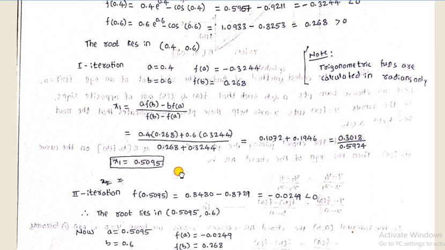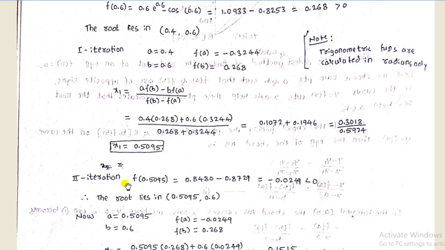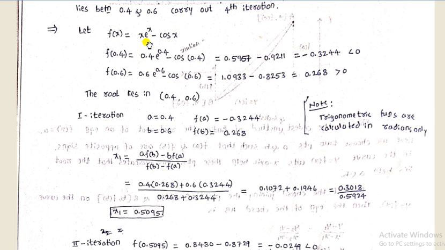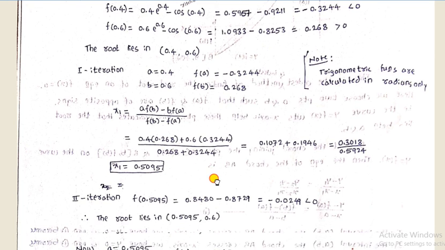Then we calculate the second iteration. So before calculating the second iteration you have to substitute this x1 value in the f of x function and check whether it gives a positive or negative value.